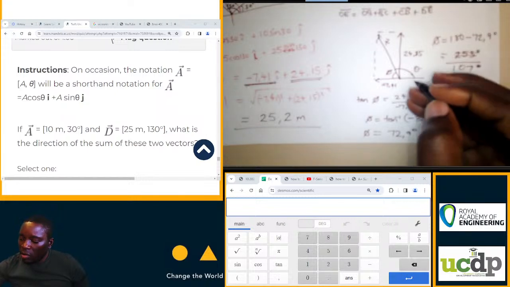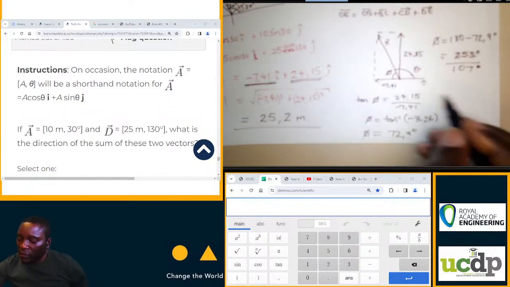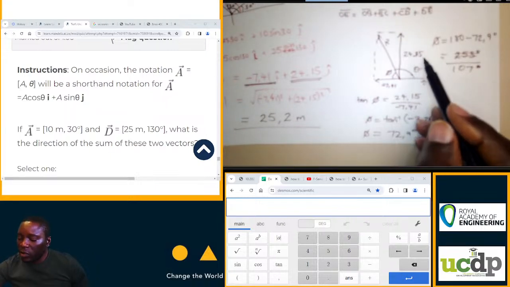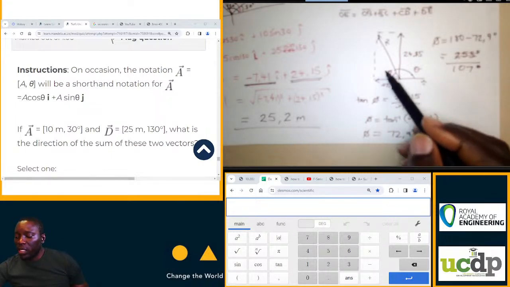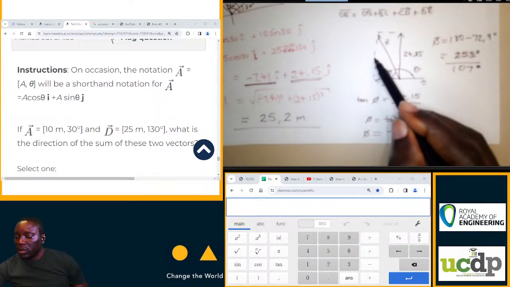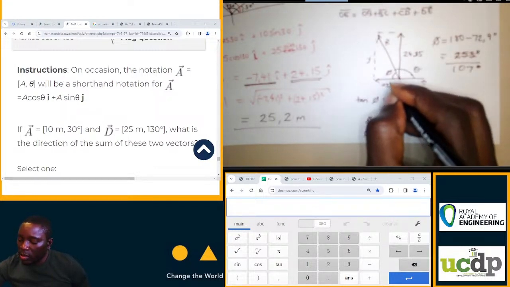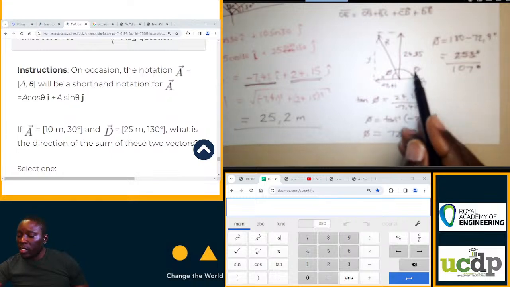Remember the i component is minus 7.41, so the vector is in the negative direction. The j component is positive 24.15. The resultant is in between the two. So the angle phi is arctan of the y component over the x component, which gives us 72.9, but theta is 180 minus 72.9.